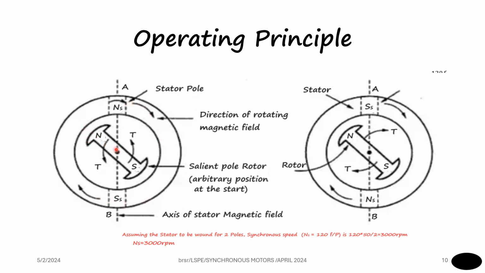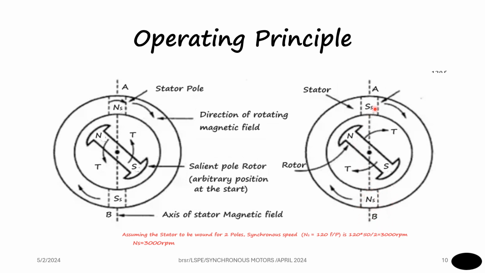The rotor is a heavy mass, and when it tries to repel from this position, from the point A away from it, by the time it tries to move away, the stator magnetic fields, because it is rotating in a very high speed, would have changed their positions. The south pole of the stator would have come to the point A, and the north pole of the stator would have come to the point B.